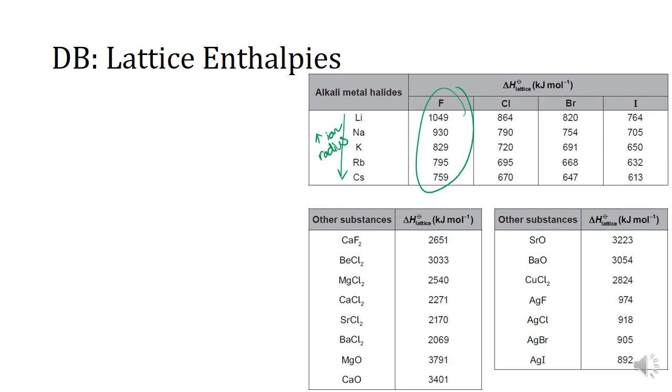Lithium fluoride, both really small ions, both really close together, so high lattice enthalpy. All the way down to cesium fluoride. Cesium's a very large ion, which leads to a decrease in electrostatic attractions, which means that it's got a comparatively lower bond enthalpy.